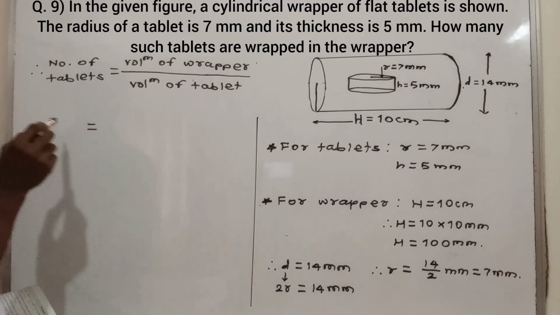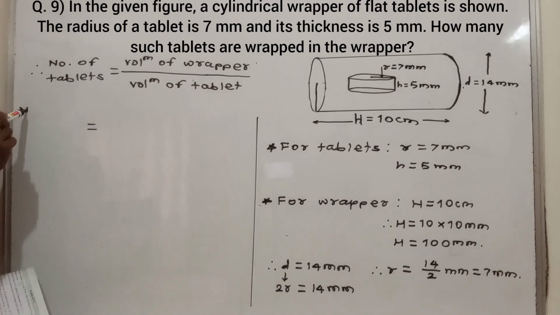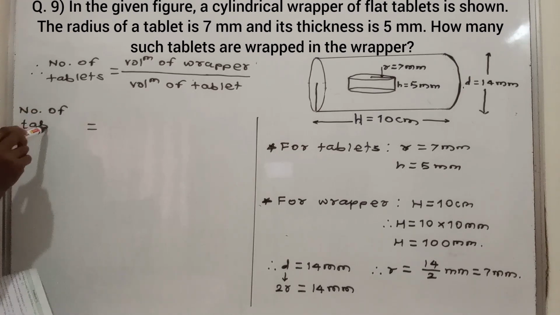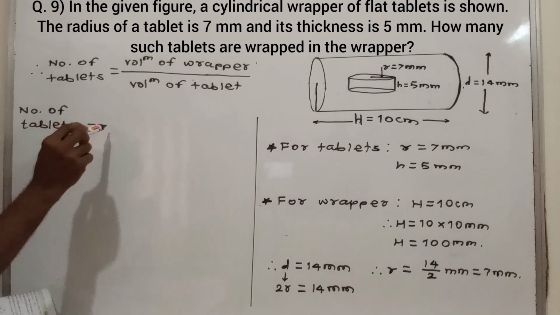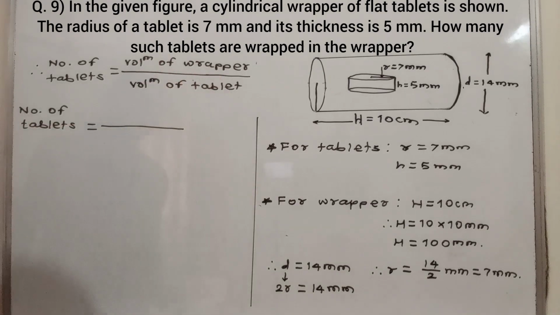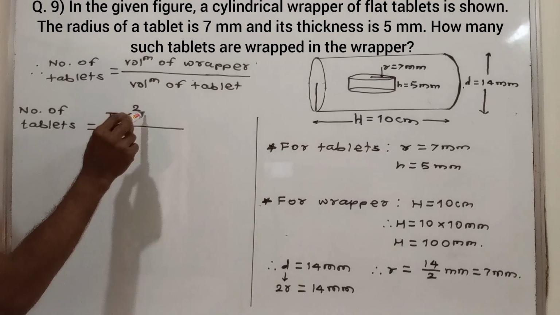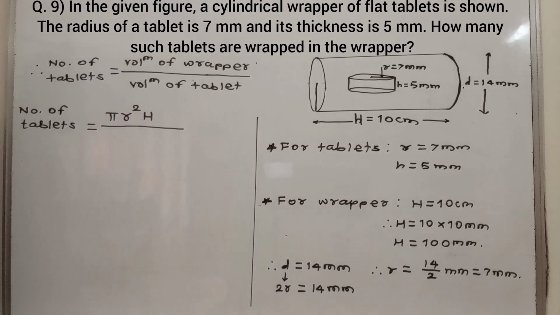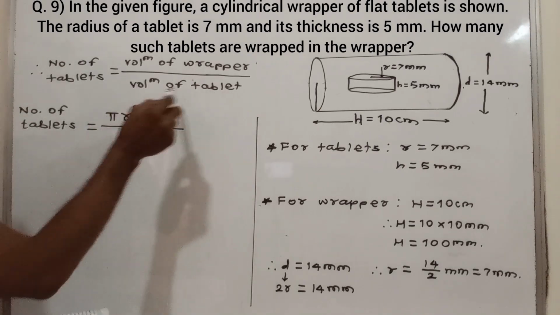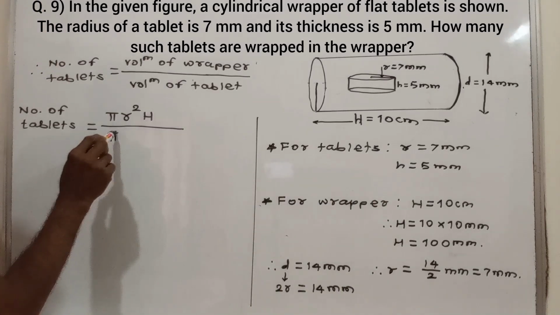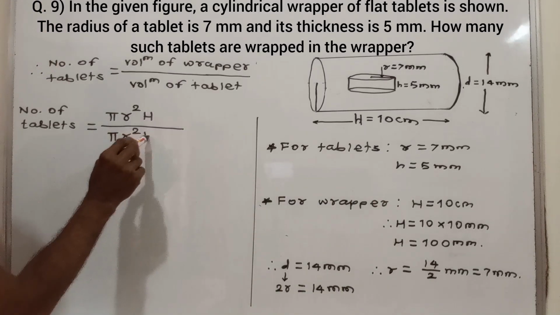Therefore, number of tablets is equal to volume of wrapper, pi r square H, we have taken here capital H, and volume of tablet, pi r square h.